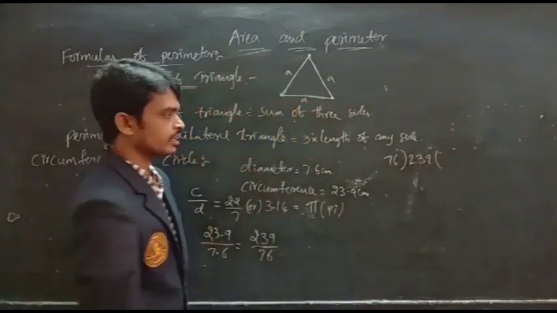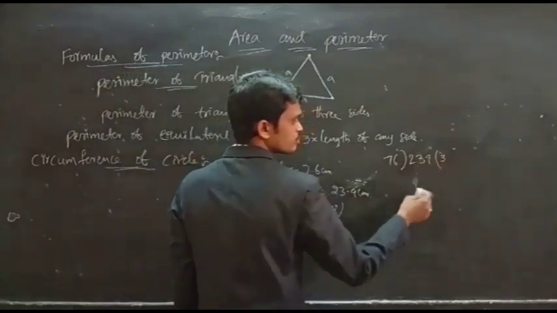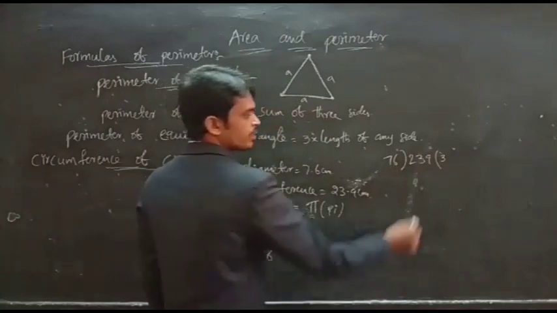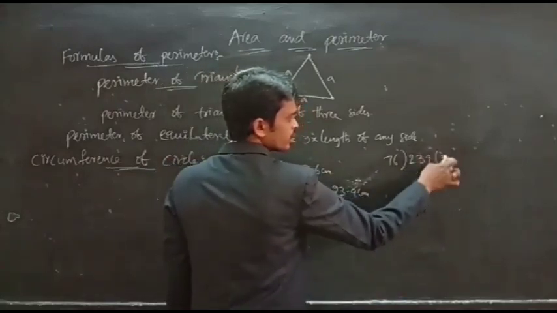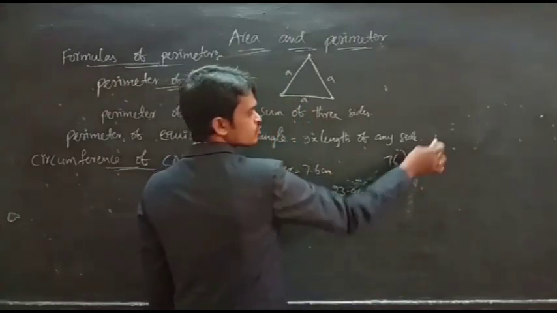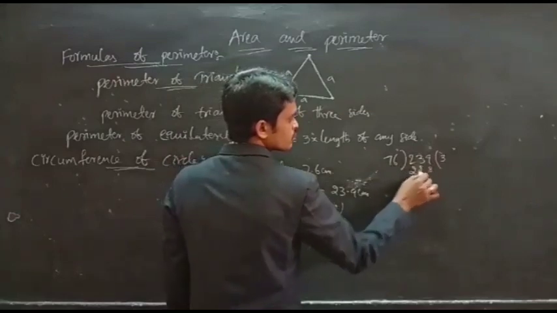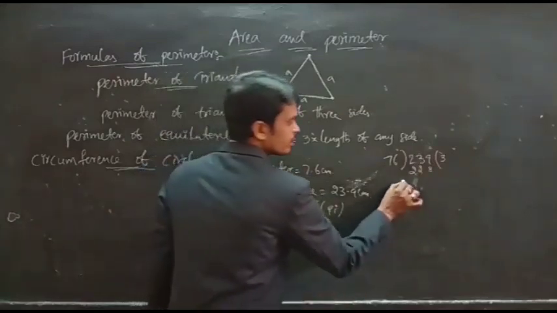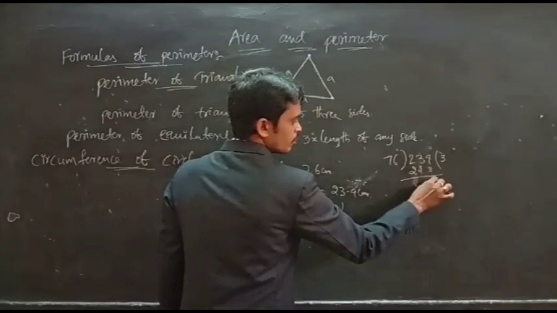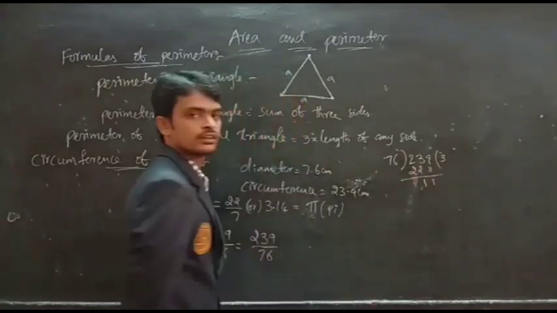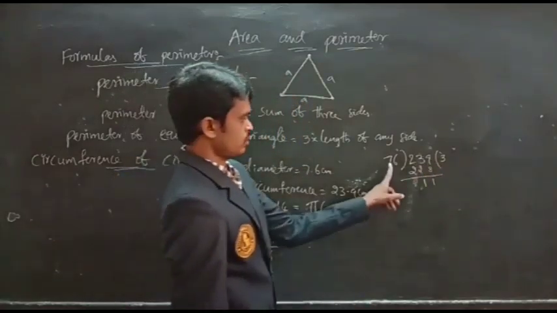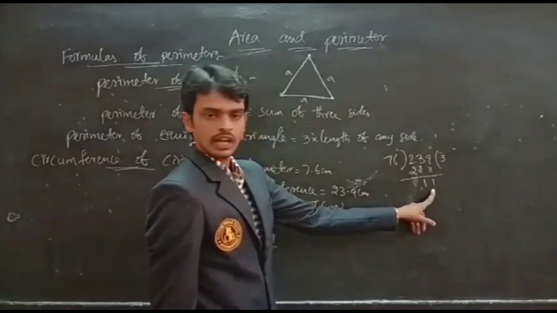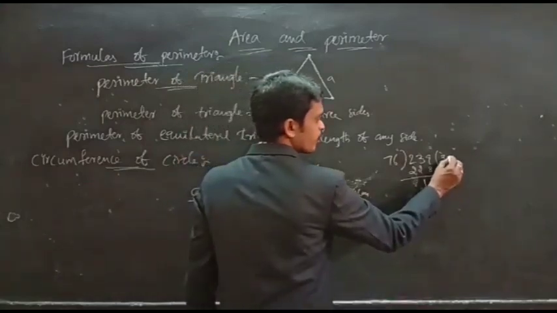How many times can we take? 3 times, because 3 6s are 18, 1 carry, 3 7s are 21 plus 2, 22. So 228. Yes. Now 11. In 76, will 11 go? No. So we take the point.